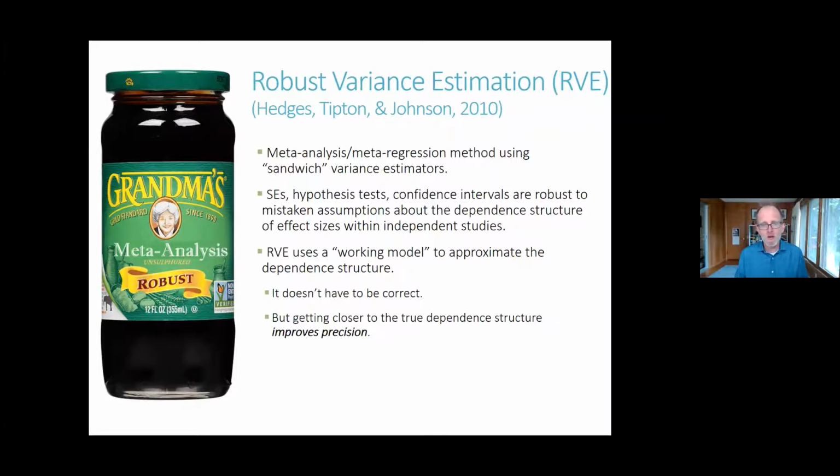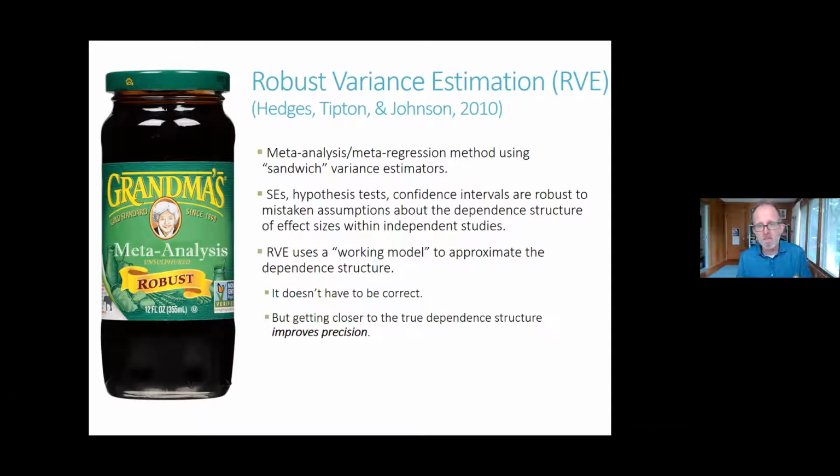One of the components of RVE is that it uses what's called a working model to approximate the structure of dependence in your data. It's called a working model because it doesn't have to be exactly right. That's the whole point of using RVE in the first place: we're using methods where we don't want to have to be exactly right.